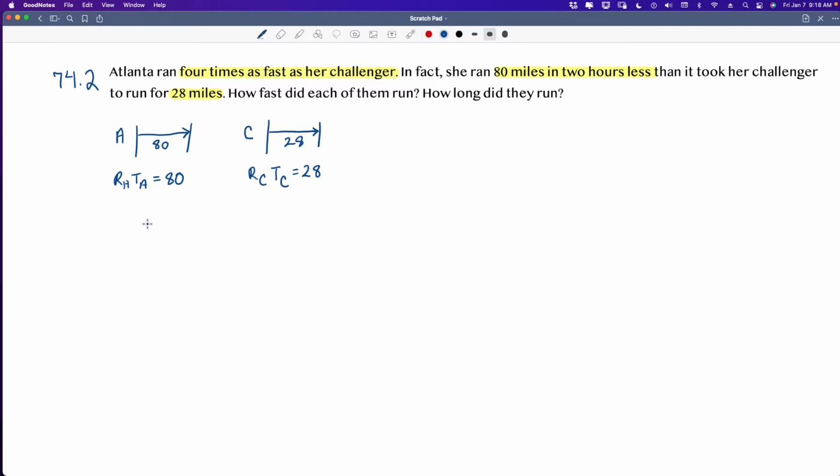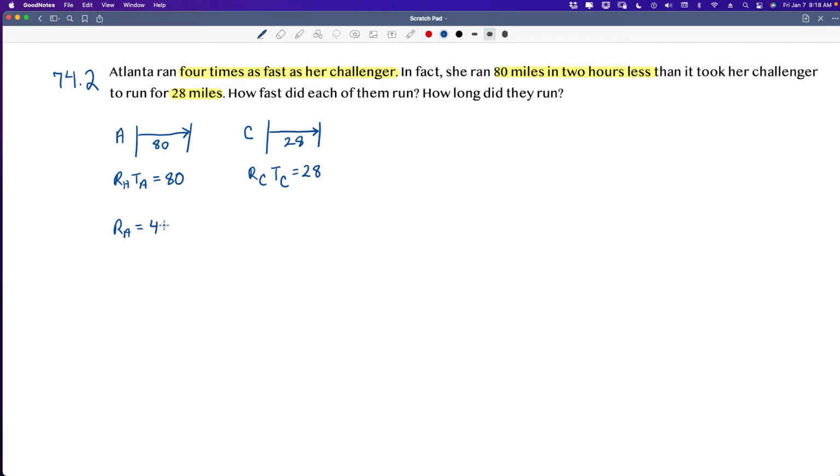So now let's look at the next bits of information. We reread the problem and we write the rate equation and the time equation. She ran 4 times as fast as her challenger. So the rate of Atlanta is 4 times the rate of her challenger.